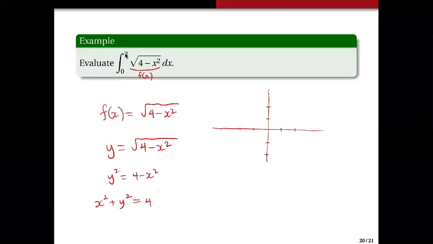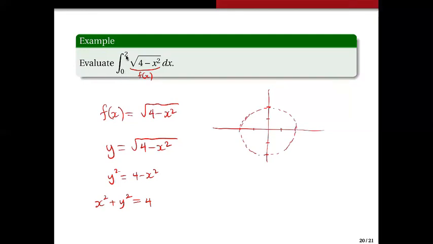Now, your function f of x equals square root of 4 minus x squared. Like I said, it's a portion of the circle that is above the x-axis. So somewhat you will have something like this. Pretend that this is a circle of radius 2, and then you are only considering this part here.